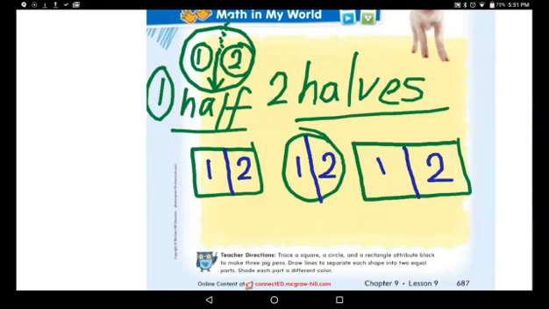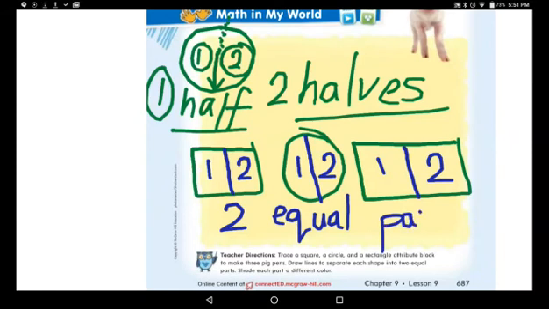So into how many parts did you separate these shapes? Yes, great job. It's 2 equal parts. So I separated these shapes into 2 equal parts, or we can say 2 equal shares.